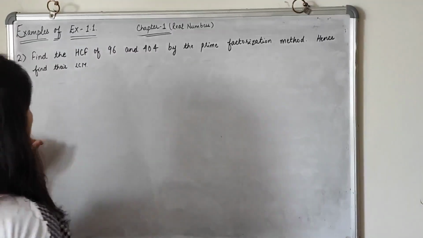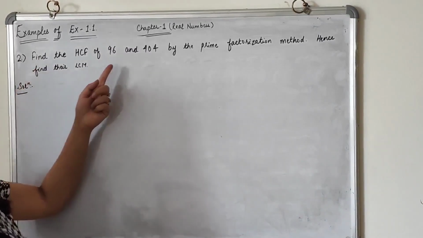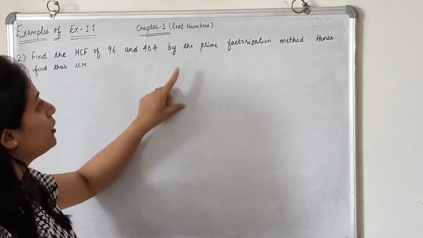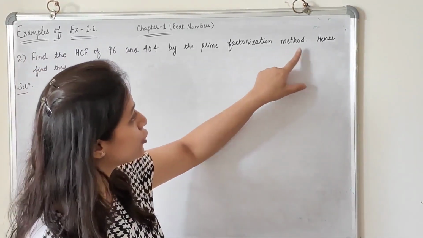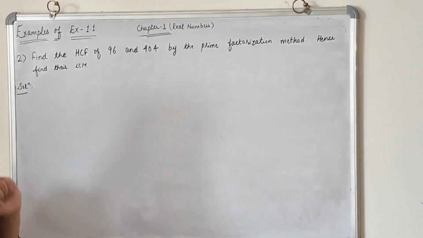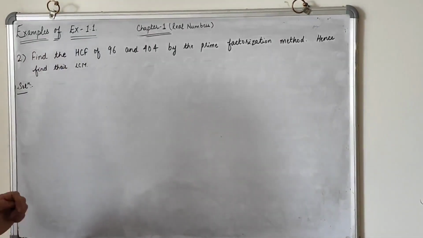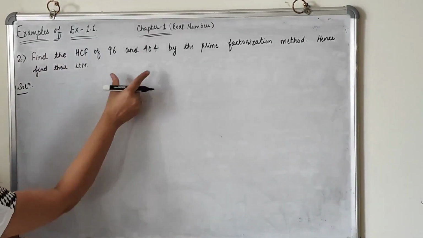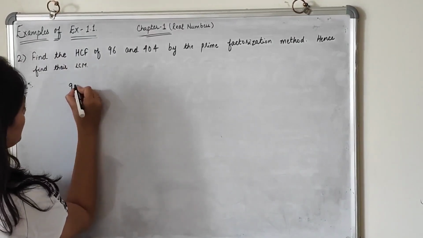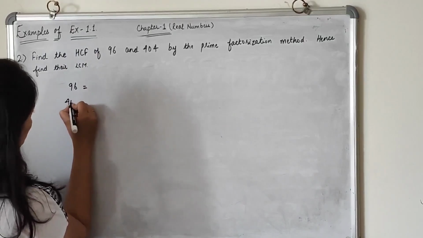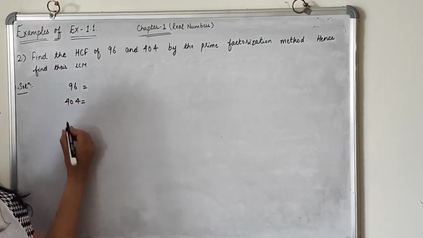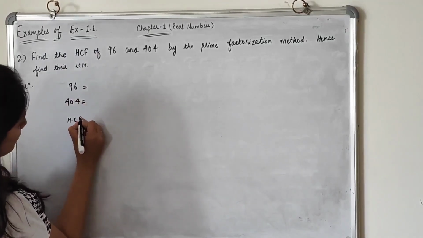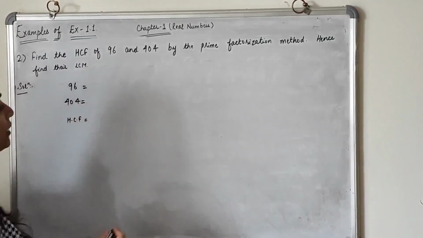Here is the second question. Find the HCF of 96 and 404 by the prime factorization method, hence find their LCM. So first we need to do a prime factorization of these two numbers, 96 and 404. Find their HCF. Fine.